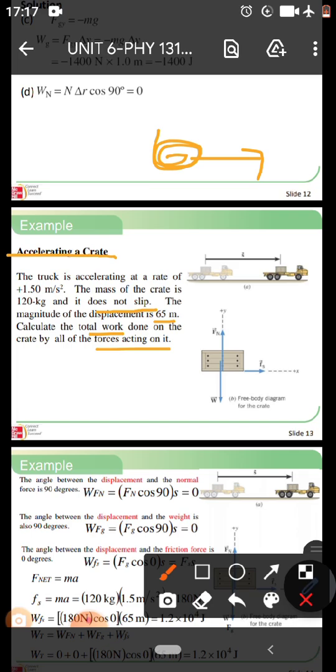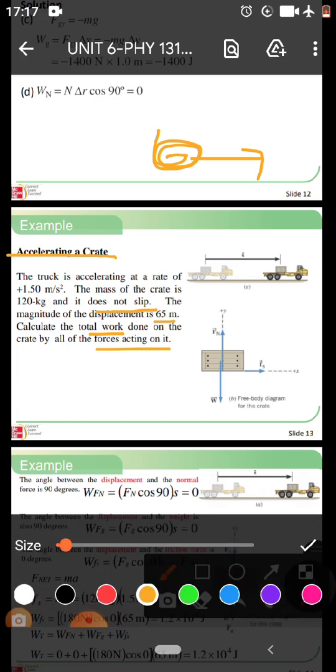So on the truck, maybe do this. When the truck is moving to the right, due to the weight the crate wants to move in this direction, but then there is the normal force, there is the weight, so we need to find the forces here.